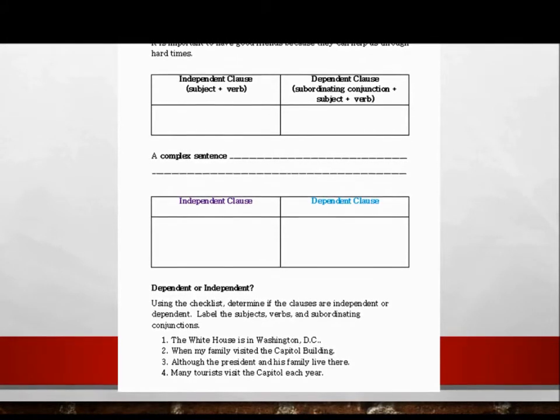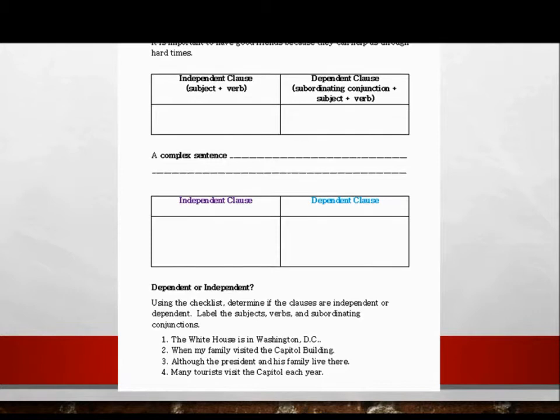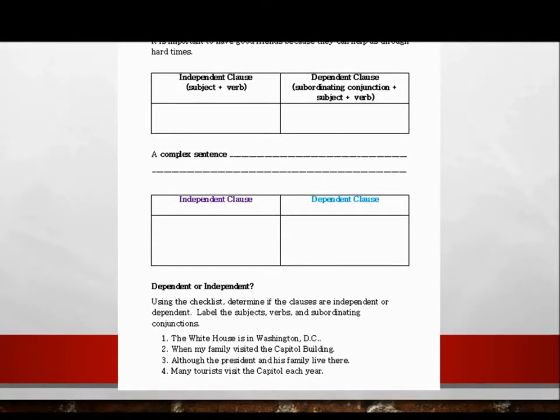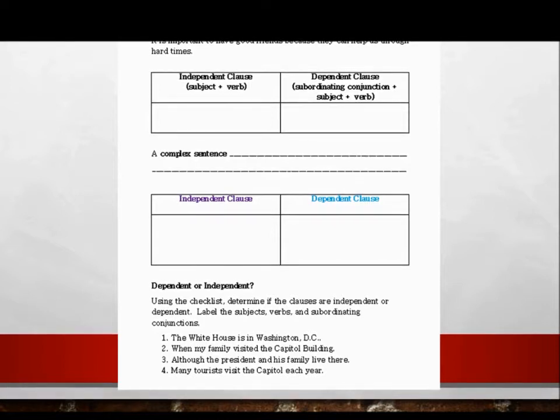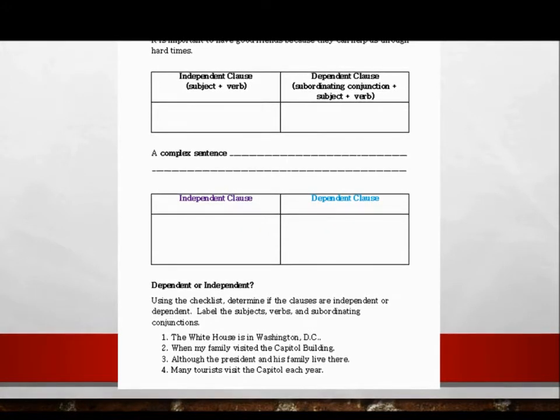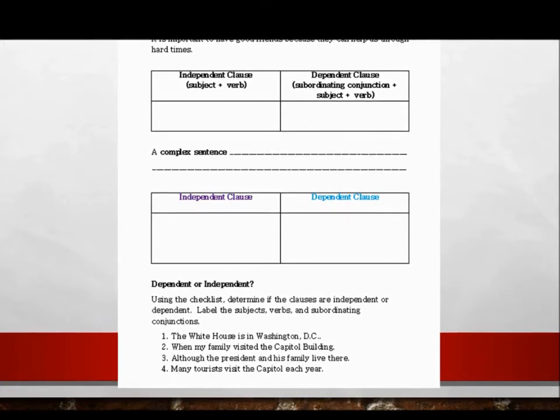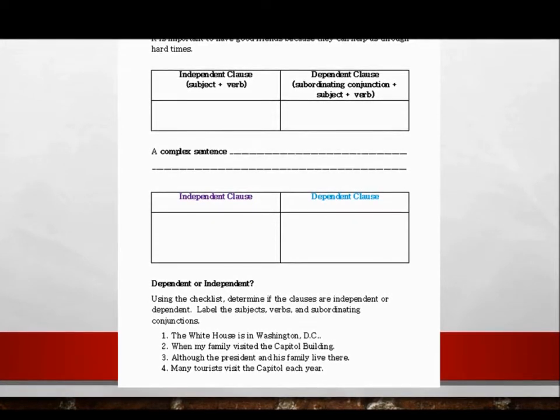So let's look at the first part of the sentence and identify if it's an independent clause or a dependent clause. The first part says, "It is important to have good friends." That part of the sentence is considered an independent clause.